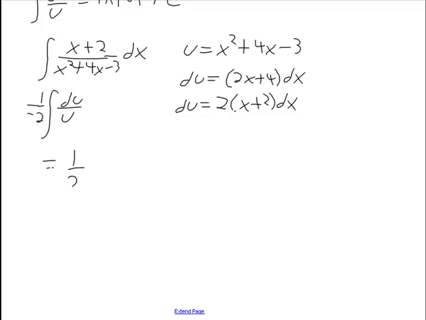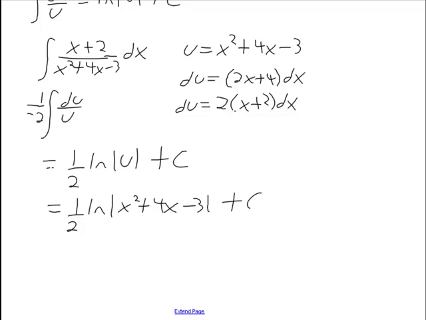So we'll get 1/2 times the natural log of the absolute value of u plus c. And then just substitute back. It's 1/2 times the natural log of the absolute value of x squared plus 4x minus 3, our u value, plus c. And that's the antiderivative.